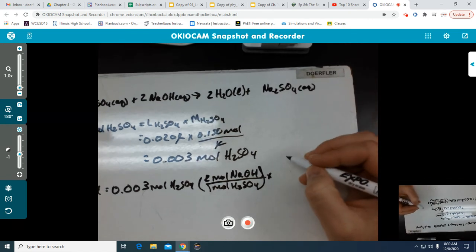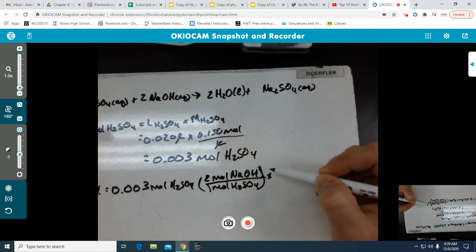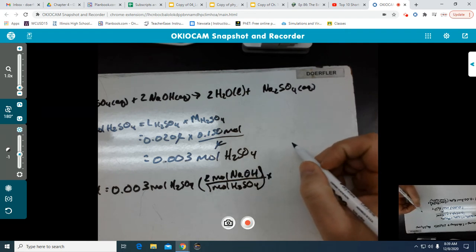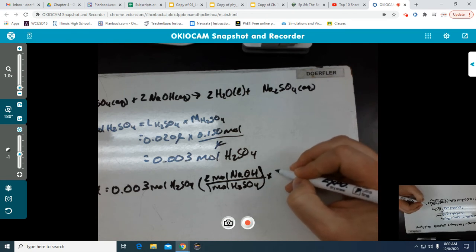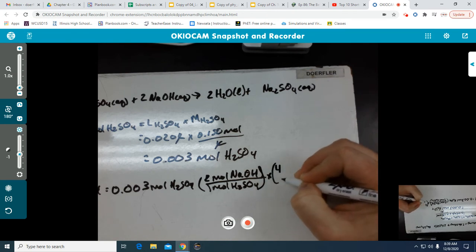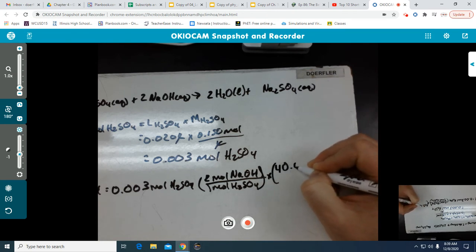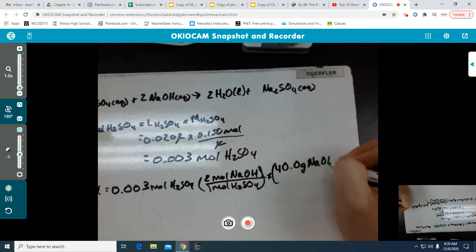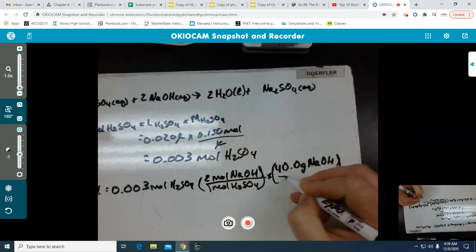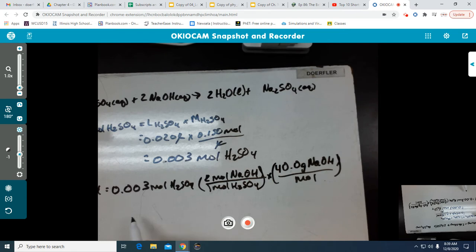And so, again, determining the molar mass, you have to look at the formula, look at the periodic table, and sum up all the elements in their individual masses, and we will get 40.0 grams NaOH per mole.